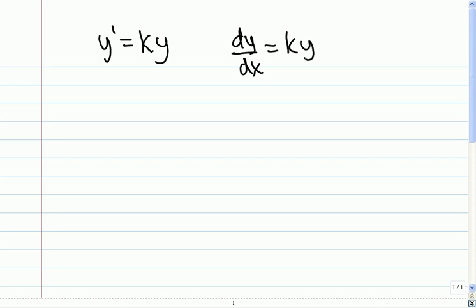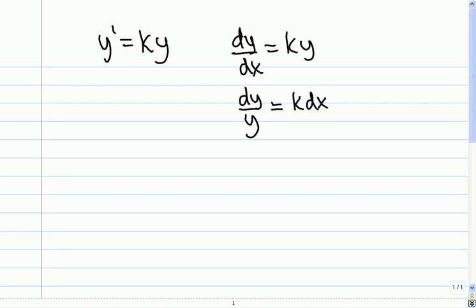So for example, if I have y prime is ky, then this is the equation I'm trying to integrate. So I would end up with, whoops, wrong letter, I would end up with, let's see here, k dx.